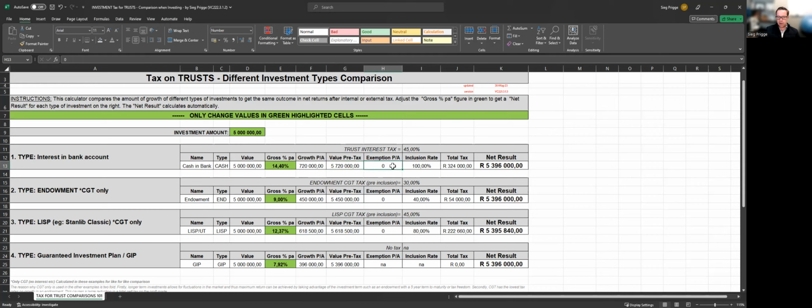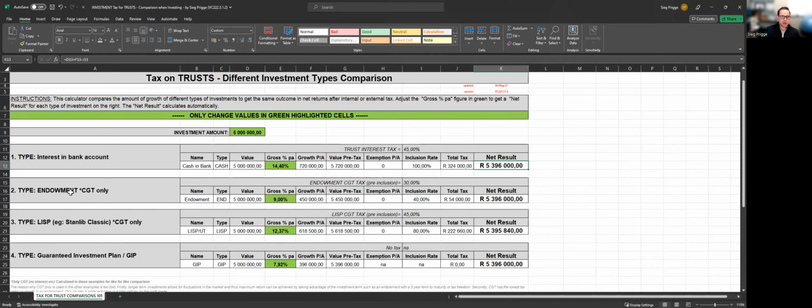I did another video on tax on individuals, and individuals get an exemption portion here; trusts don't. Then inclusion rate means the total growth gets included, so 100% of this. And then the tax rate on that is 45%, which is the effective tax rate for trusts on interest. In the end, the net result will be 5,396,000 Rand. In other words, from 14.4% interest, that's the only amount that you're going to get out after tax.